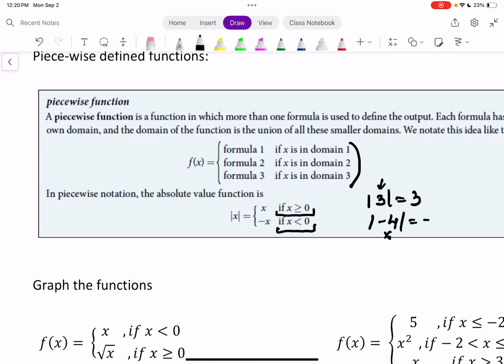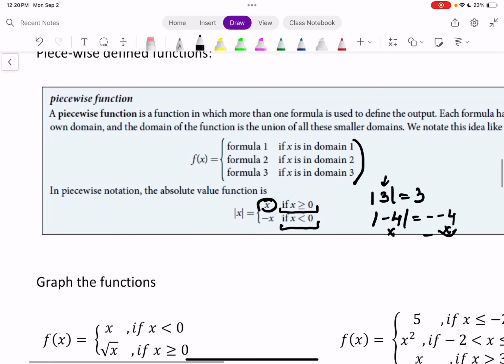You have to take its opposite to make it positive again, yes? So you have to take the opposite of this number x. Therefore, the absolute value is x itself if x is greater than or equal to 0, and negative x if x is less than 0, right? So that's the definition of the absolute value.